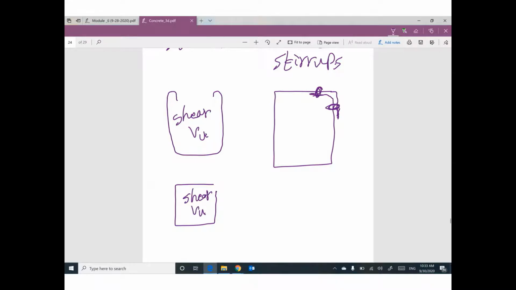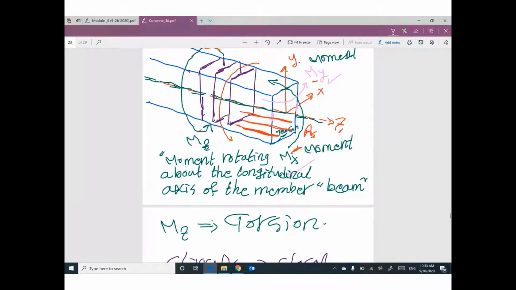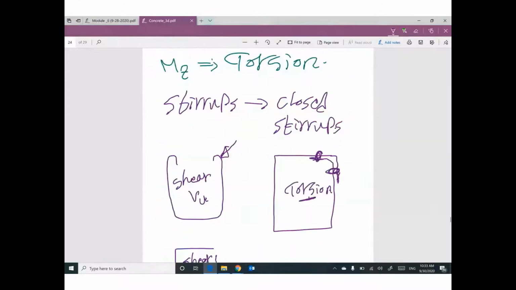But if you are talking about torsion, no. If you put this one in torsion, due to this action, the stirrups will be opened. So your stirrups must be closed stirrups. They are special stirrups.